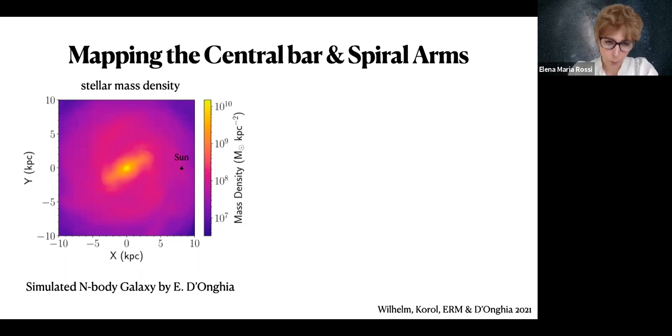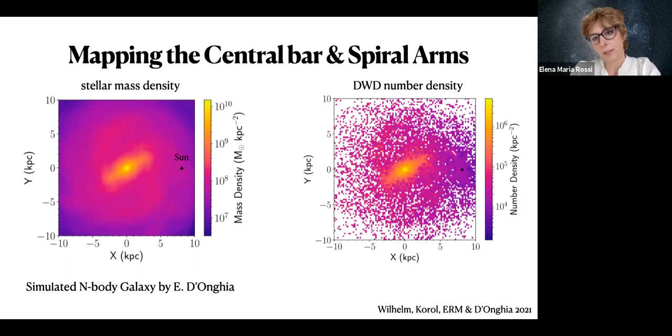Okay, so we populated the simulation with double white dwarfs, and this is the density distribution of resolved sources. Now, you can see the bar by eye. And this is extraordinary. You cannot do this in optical.